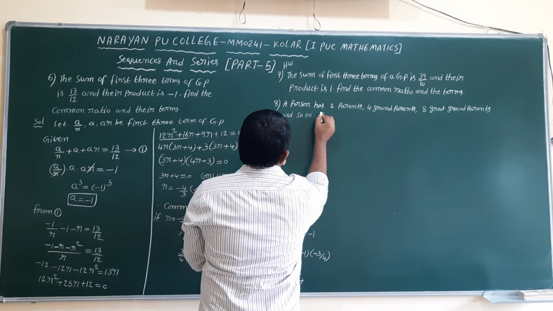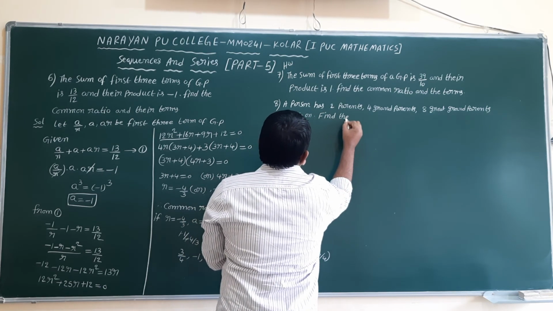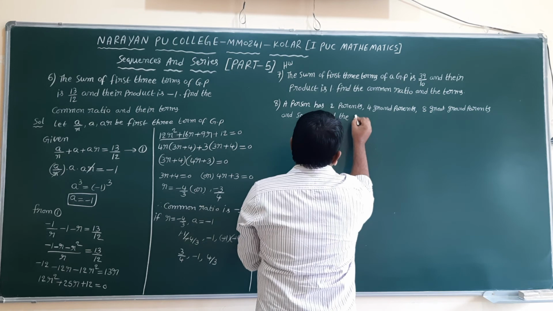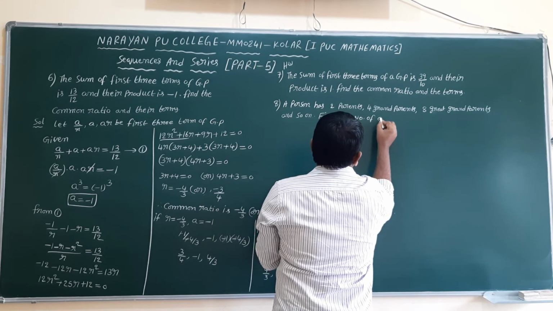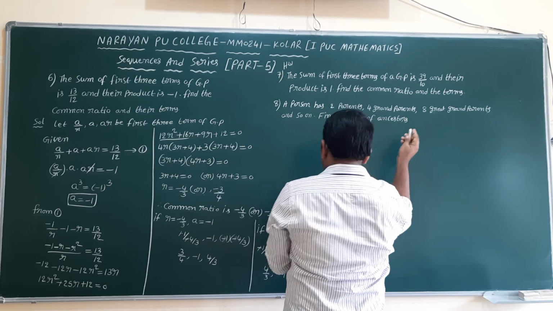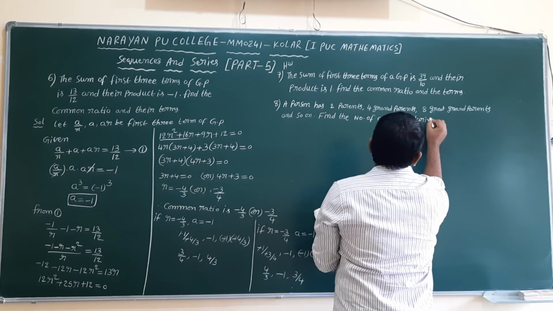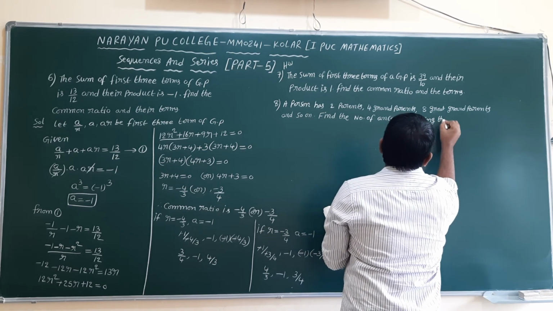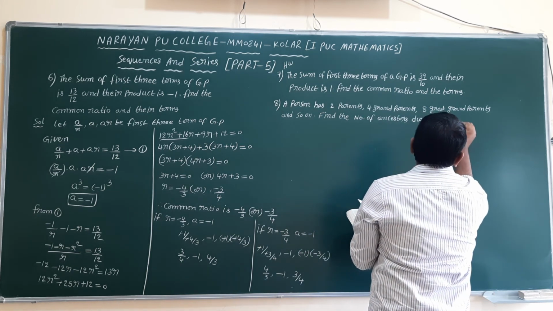Find the number of ancestors. Ancestor means the generations. Ancestors during the 10th generations.